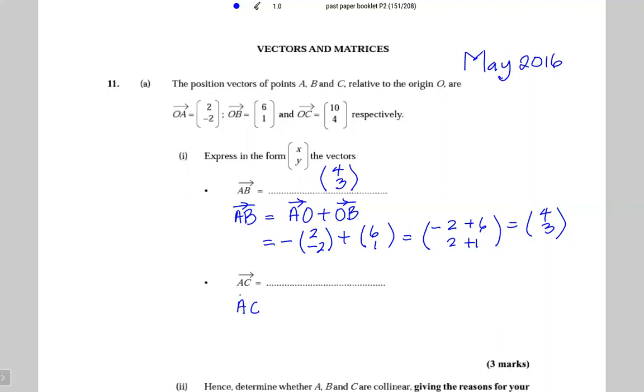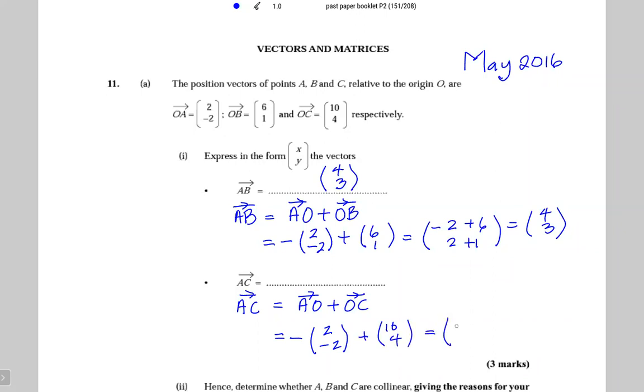AC, triangular vectors. AC would be equal to AO plus OC. So AO is minus OA, so it is -(2, -2), plus OC, which is (10, 4).